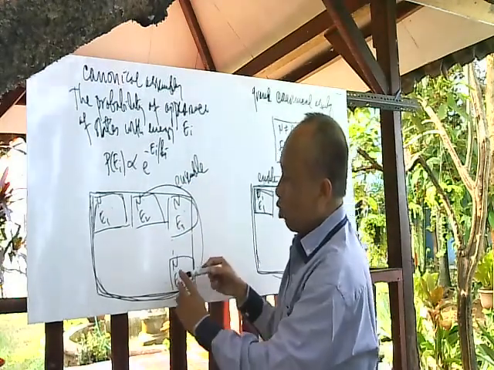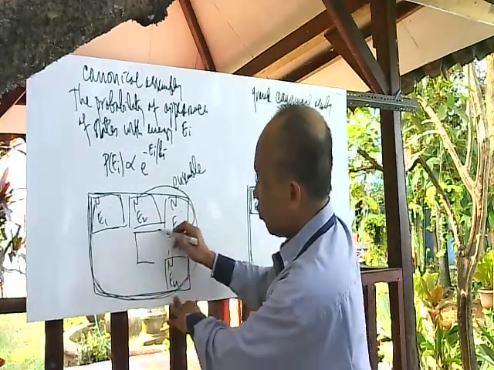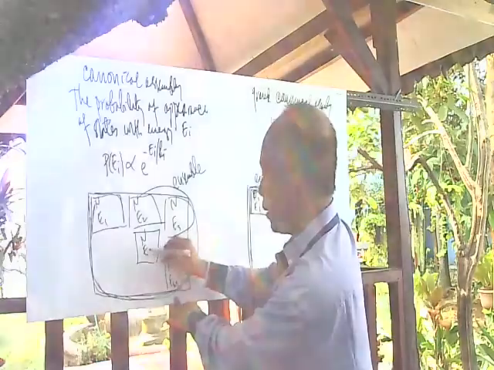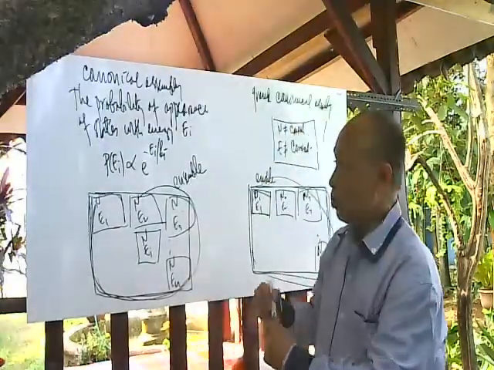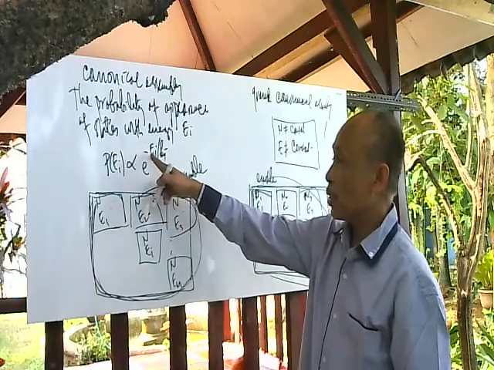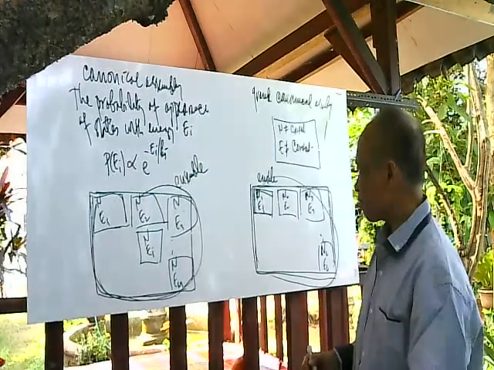The probability of finding assembly with number N and energy Ei is proportional to exponent minus Ei over kT.